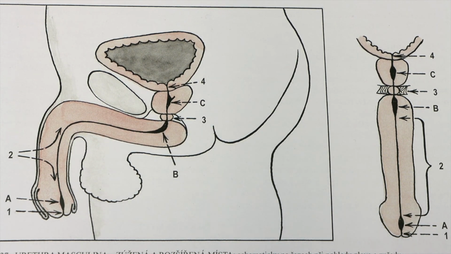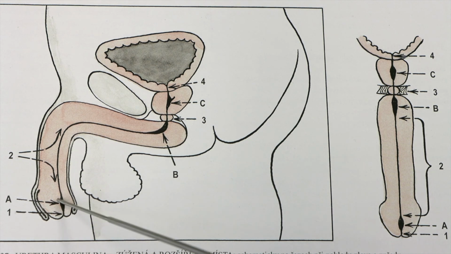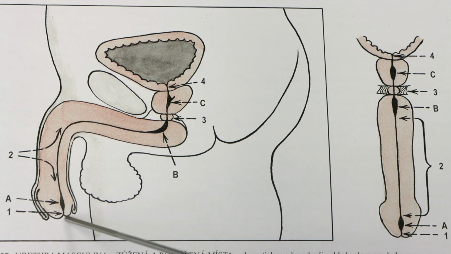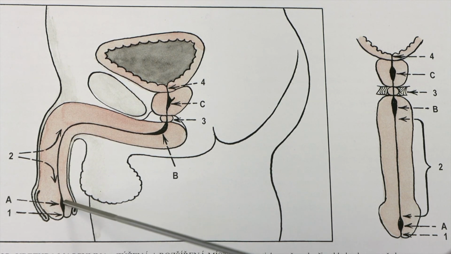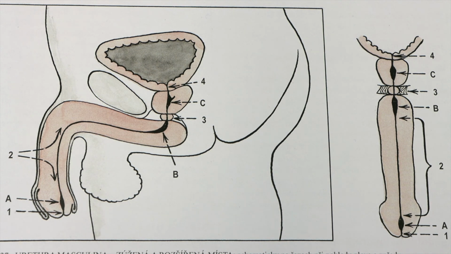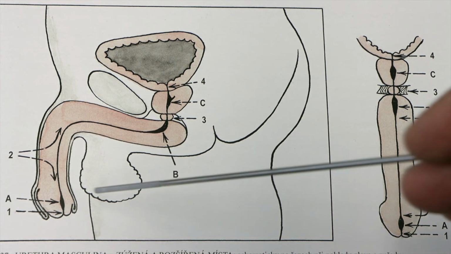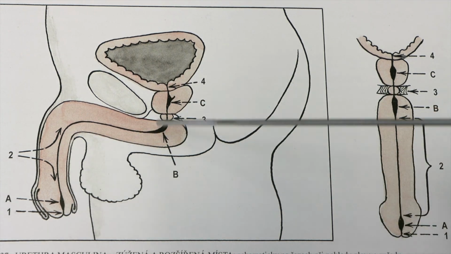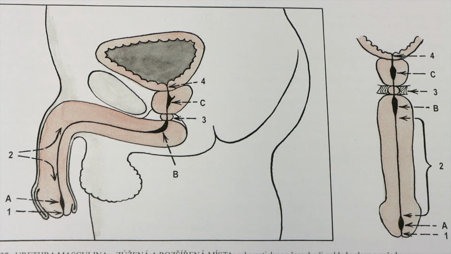And then the other widening part is approximately 2 centimeters proximal to the external urethral orifice, called the navicular fossa, or fossa navicularis urethrae, which is the urethral dilation proximal to its external orifice. So at these three places the urethra becomes enlarged or wide.